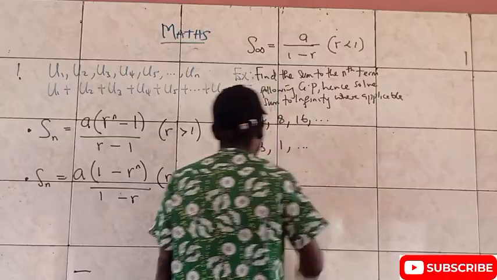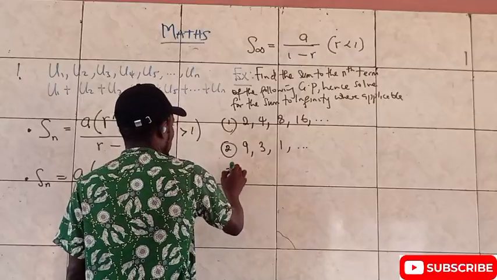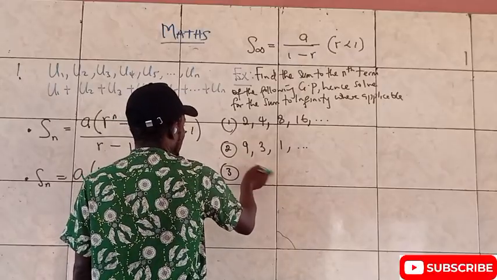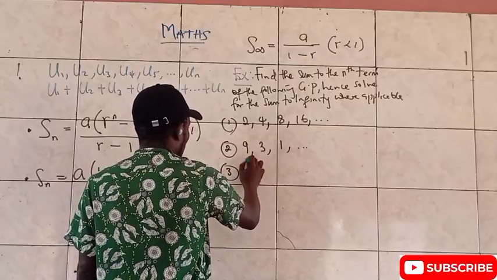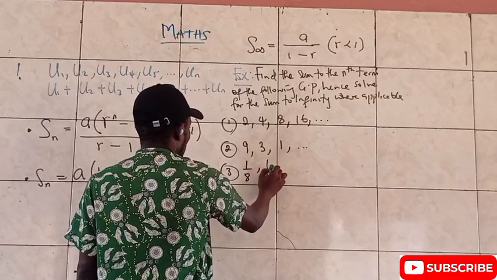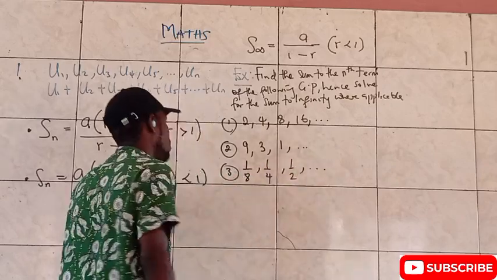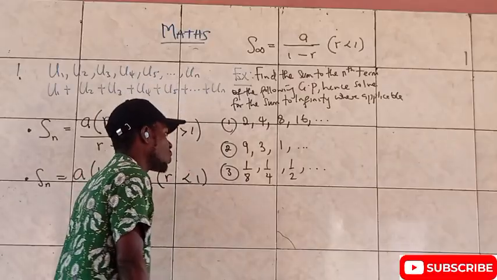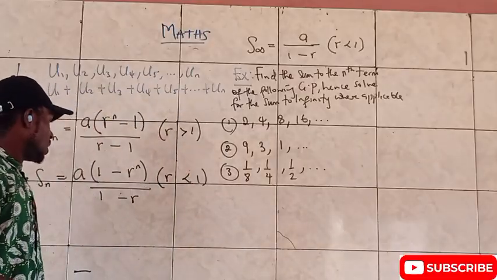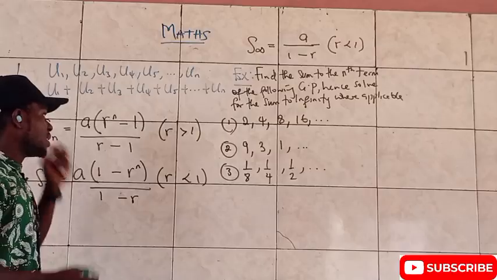This is also a geometric progression. Number 3, then we have 1 over 8, 1 over 4, 1 over 2, and it goes on and on. So, how do I solve these questions? That is the question that we have on ground.